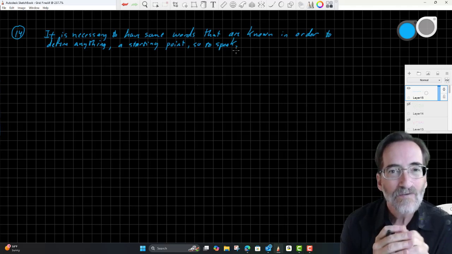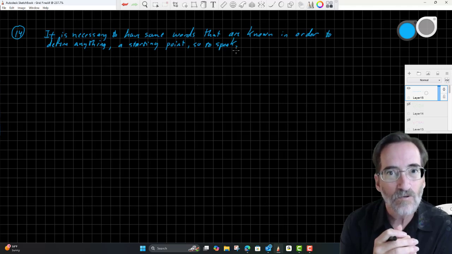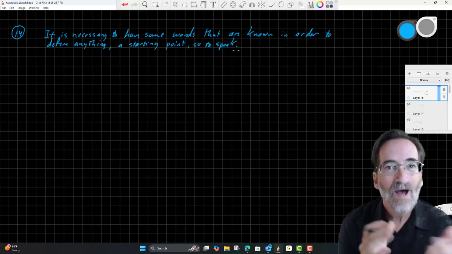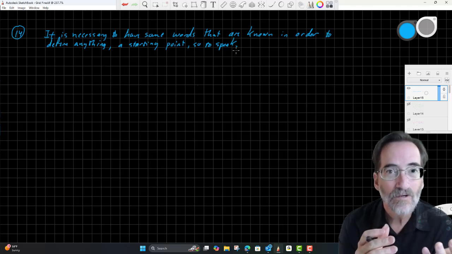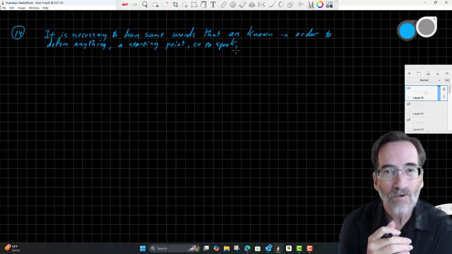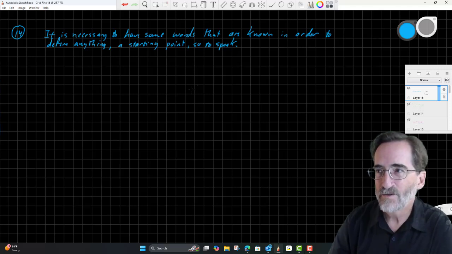And I define flabox: flabox is to gibber and gabble and goob, right? Have I defined anything? Well, you don't know what gibber, gabble, and goob mean either. And so you haven't defined anything. You have to have some words to start with, right? These are undefined terms. These are terms that are simply known without definition. A starting point, so to speak.